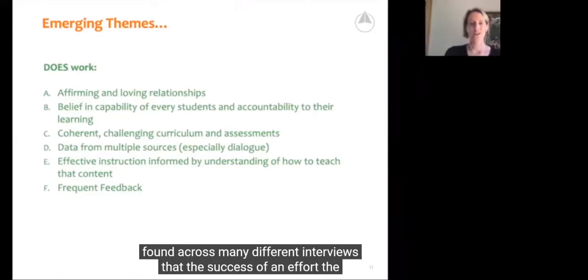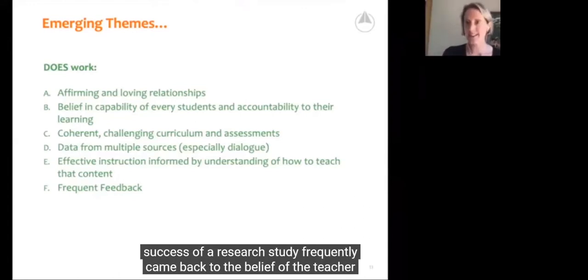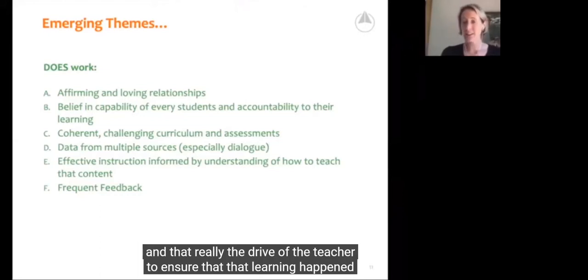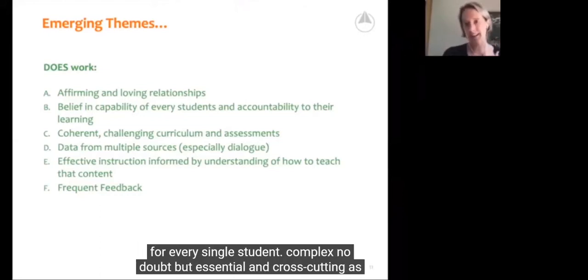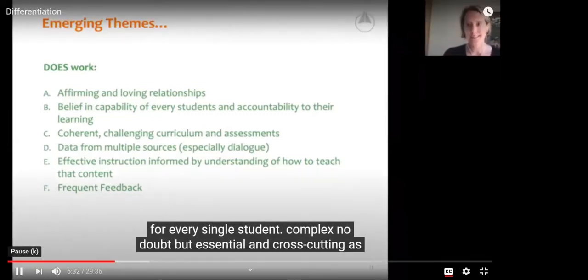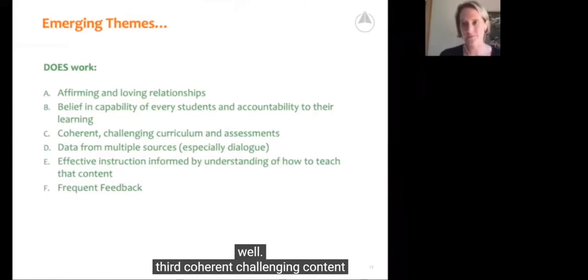We found across many different interviews that the success of an effort, the success of a research study frequently came back to the belief of the teacher and really the drive of the teacher to ensure that that learning happened for every single student. Complex, no doubt, but essential and cross-cutting as well.